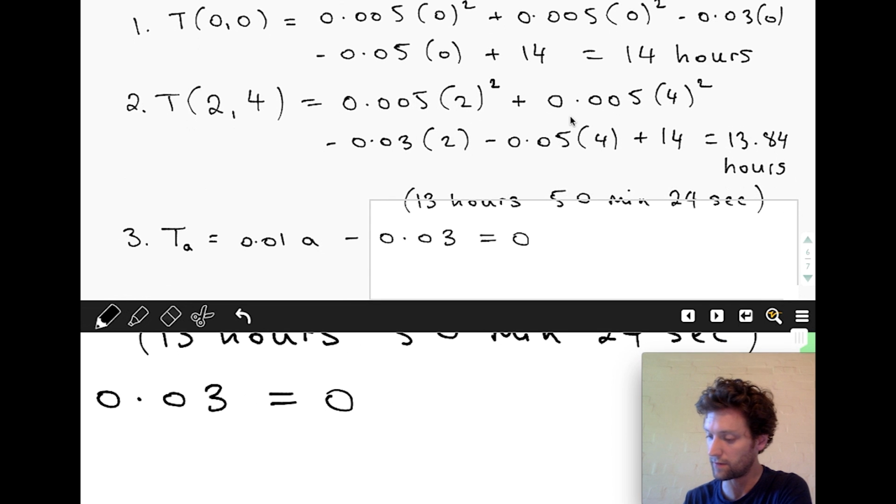Set that equal to 0. I can solve that immediately to get A is equal to 3.